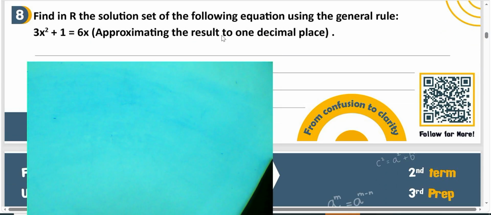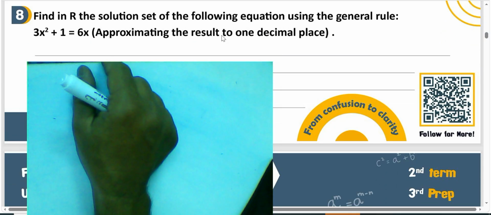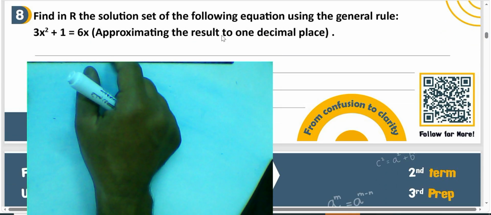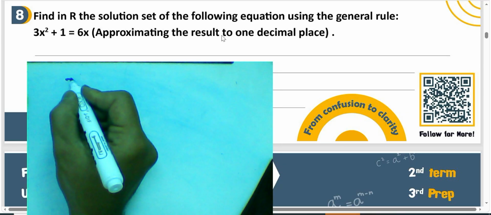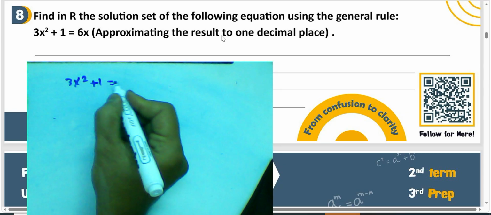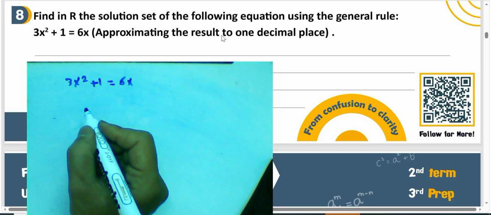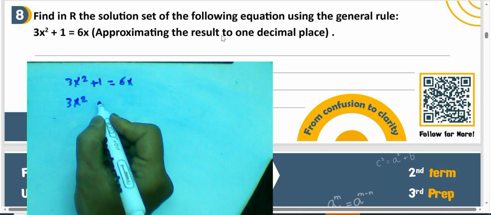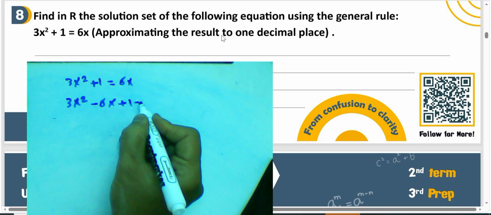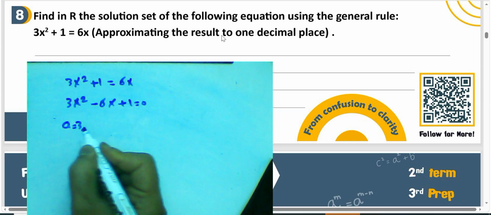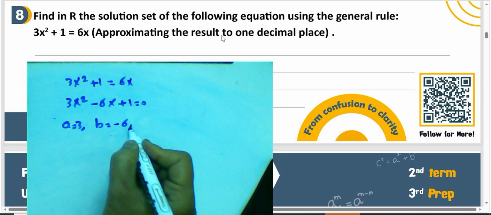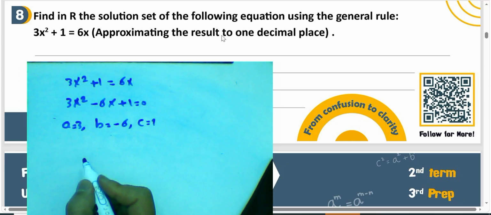Next question. Find the solution set of the following equation using the general rule. We have 3x power 2 plus 1 equivalent to 0. No, equivalent to 6x. So the relation here is 3x power 2 minus 6x plus 1 equals 0. Then the value of a equals 3, the value of b equals -6, and the constant is 1.